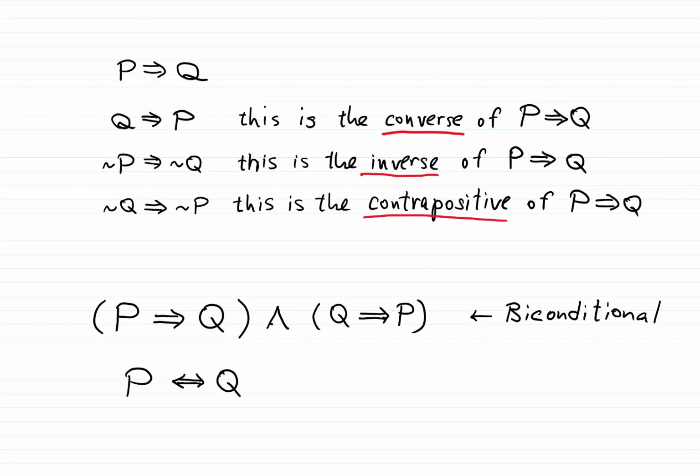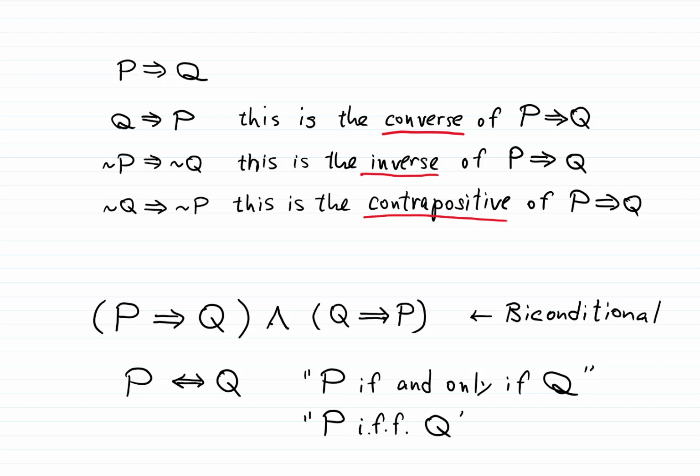That's P implies Q and Q implies P. There's a way that we usually say that in the English language, which is we would say P if and only if Q. And that's abbreviated a lot of the times like this, P IFF Q. And what that means is this right here.